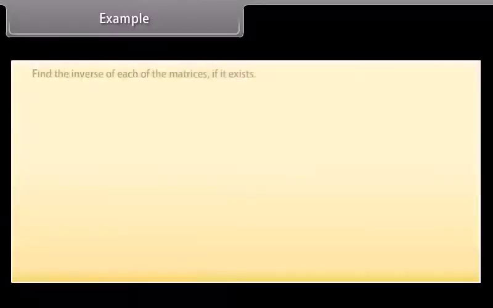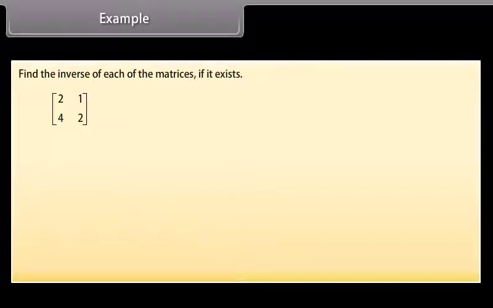Example. Find the inverse of the given matrix, with first row 2, 1, second row 4, 2.